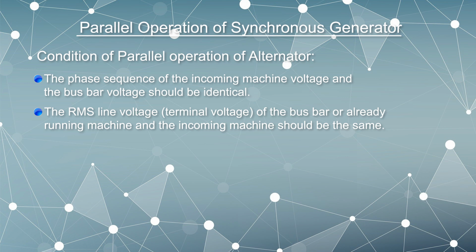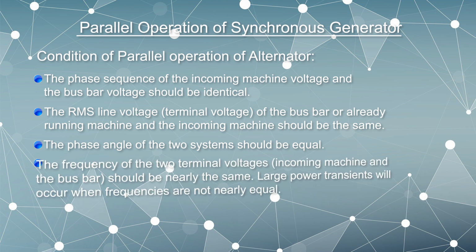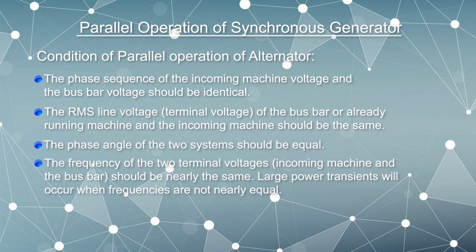So the incoming machine should have the RMS line voltage same as the already running machine or the bus bar to which you are connecting it. The phase angle of the two systems should be equal. The frequency of the two terminal voltages, that is the incoming voltage and the bus bar, should be nearly same. Large power transient will occur when frequencies are not equal.